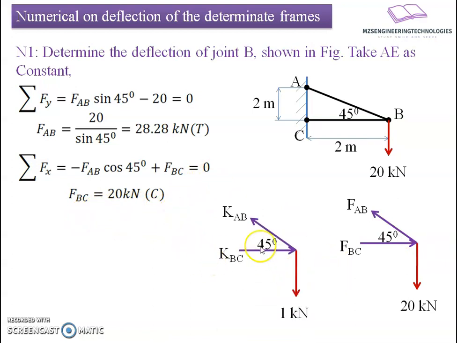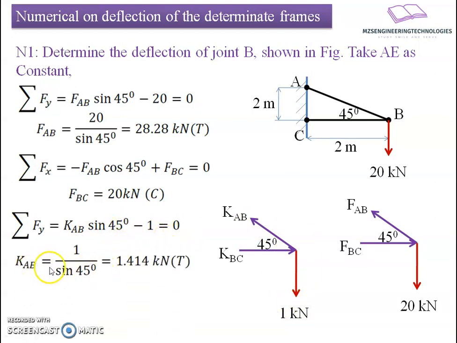Now I will move towards the K analysis. For that, I will replace the 20 kilonewton load with a unit load and find the statics with reference to this applied load. Again applying static equilibrium, summation of Fy equals 0 gives Kab sine 45 minus 1 equals 0, so Kab is 1 by sine 45, which is 1.414, tensile in nature.